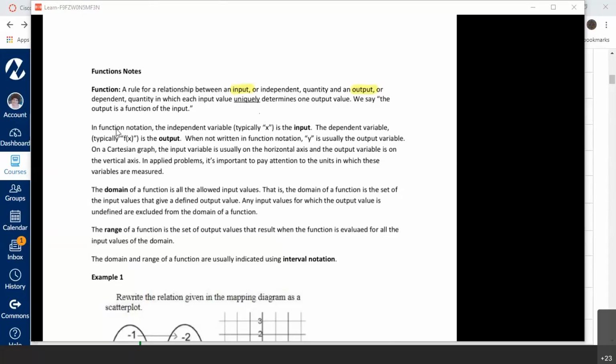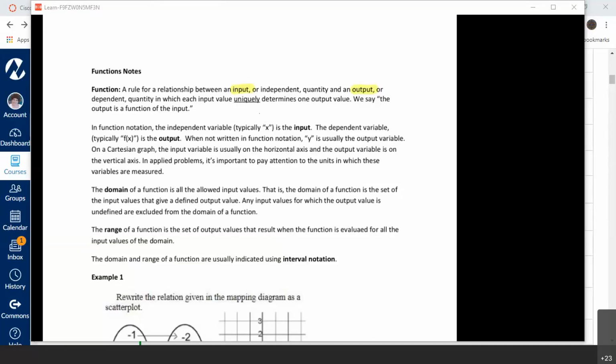Okay? So let's talk about things graphically. Your independent variable is typically on the horizontal axis in a Cartesian graph, right? A Cartesian plane. And the dependent variable, the output, is typically your vertical axis. I'm saying that because they won't always be f of x and x.